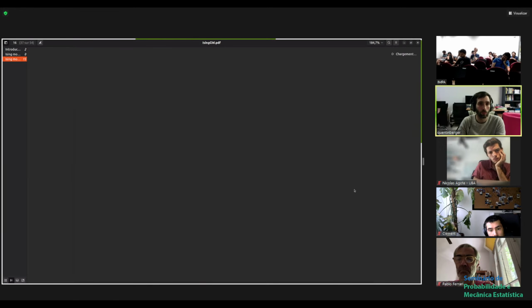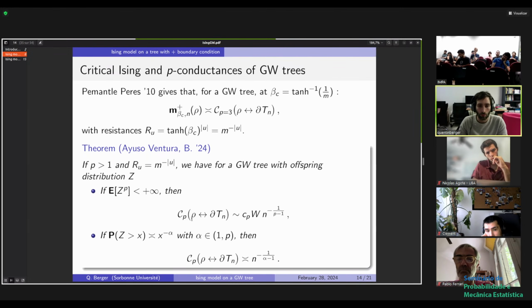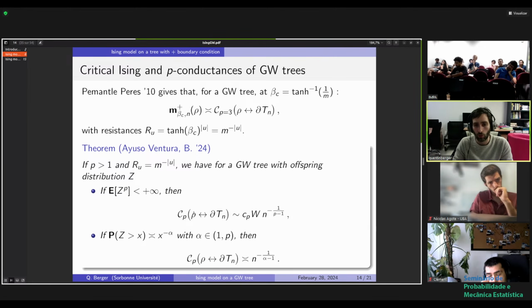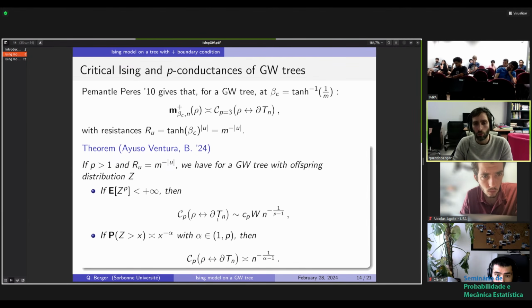Maybe I can go to this result, right? If you want to compute the p-capacity of a Galton-Watson tree at criticality, you have two different behaviors depending on whether your Galton-Watson tree has a moment of order p or not. If it has a moment of order p, this p-capacity will be n to the minus 1 over p minus 1, so 1/2 in the Ising model.